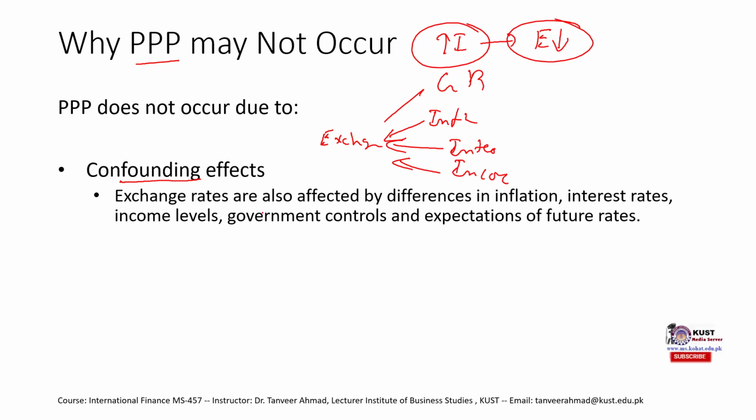So exchange rates are also affected by other factors such as interest rate, income level, government control, and expectation of future rates. So even if inflation increases, there would be other factors that would play a different role, and hence the currency would not depreciate even after the increase in inflation.